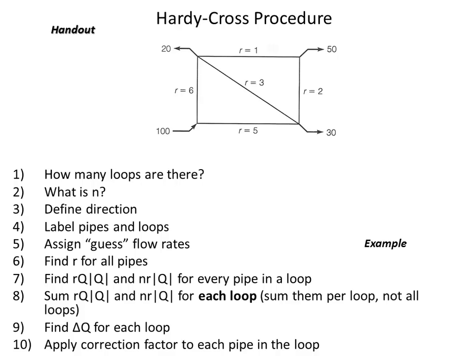So label the pipes and the loops. I'm going to give these labels, let's see, what would make sense? If I called this junction 1, and I'll call this junction 2, 3, and 4.